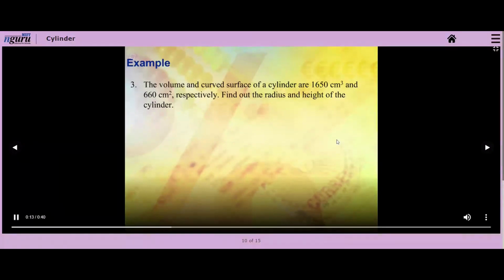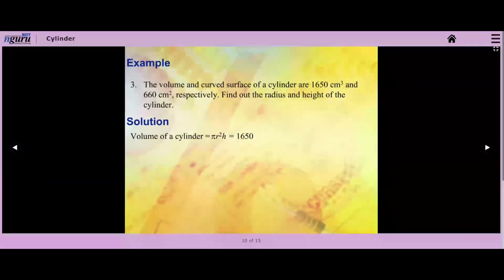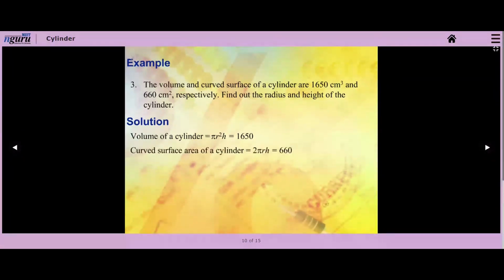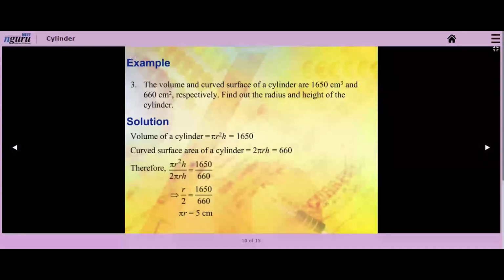We know that the volume of a cylinder is pi r square h. This is given as 1650. The curved surface area of a cylinder is 2 pi r h, which is given as 660. Therefore, on dividing the volume of the cylinder by its curved surface area, we get the value of pi r equal to 5 centimeters.